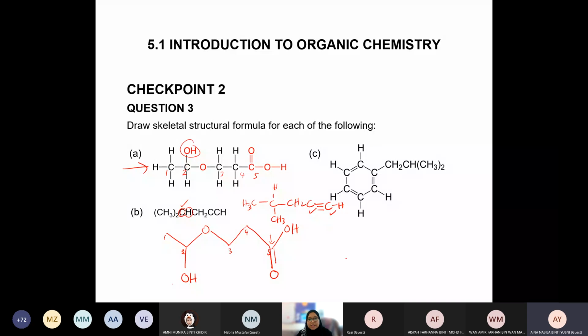Then it will be easier for you to transform into skeletal. So how many carbons? 1, 2, 3, 4, 5. Go for the straight chain first.